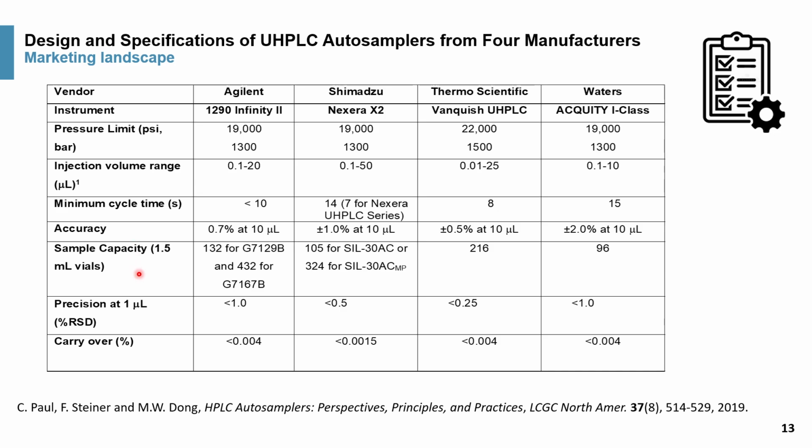They're all precise. And also sample capacity and precision at a very low level. Everybody can inject 5 microliters or 10 microliters, but it's very difficult to inject 1 microliter very accurately, right? So here are some specifications, and also carryover specifications. Once again, this table came from the white paper.